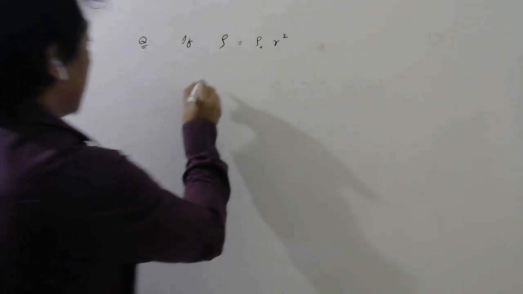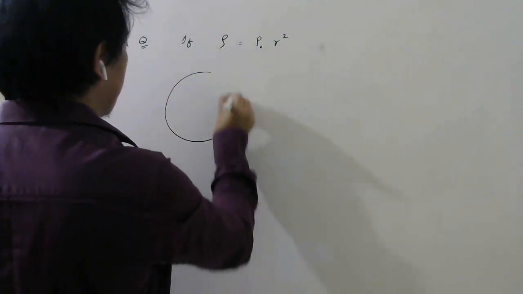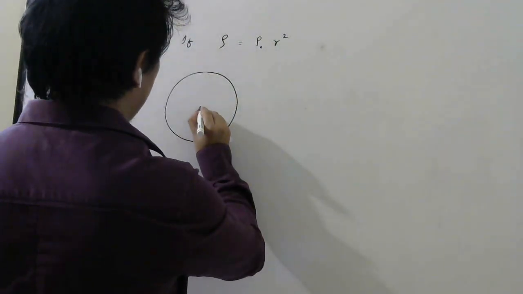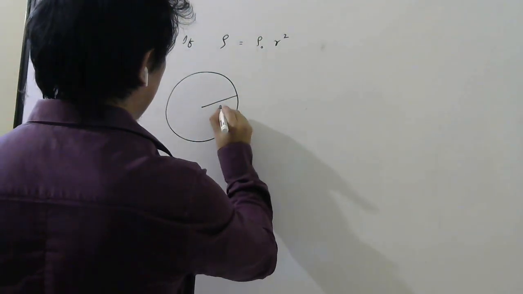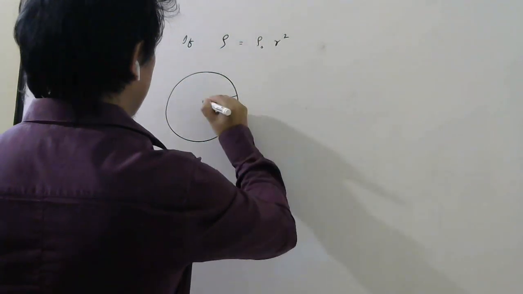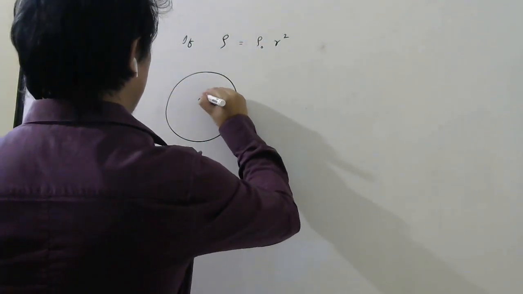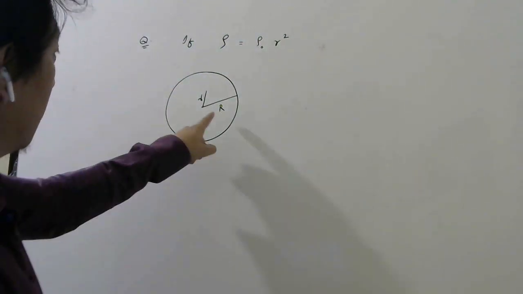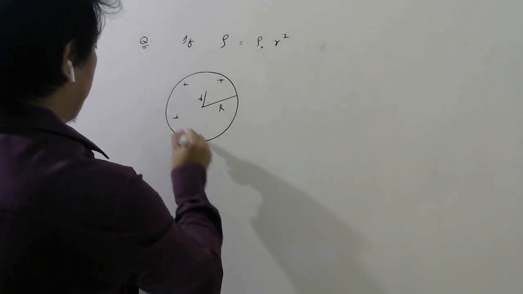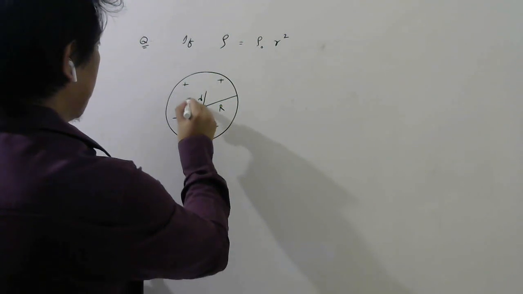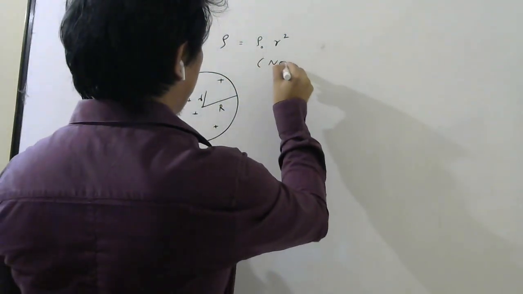And what is r? You have a sphere whose radius is capital R, and this small r represents the distance from the center. It is positive charge everywhere. But students, it is non-uniform.